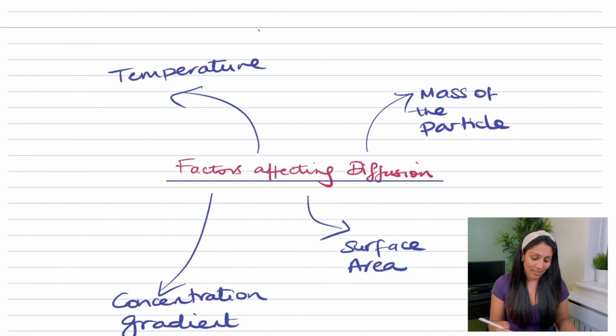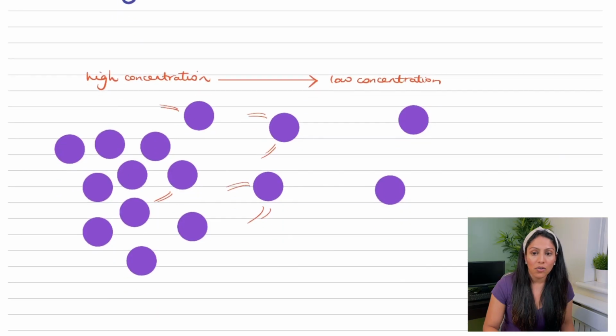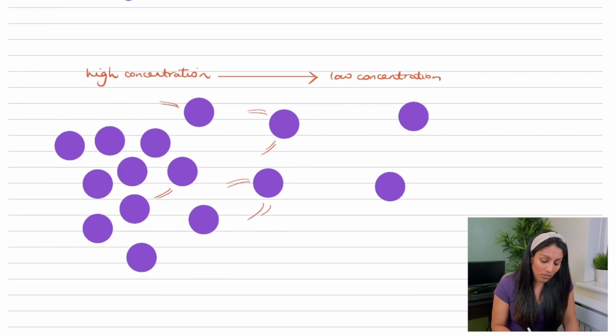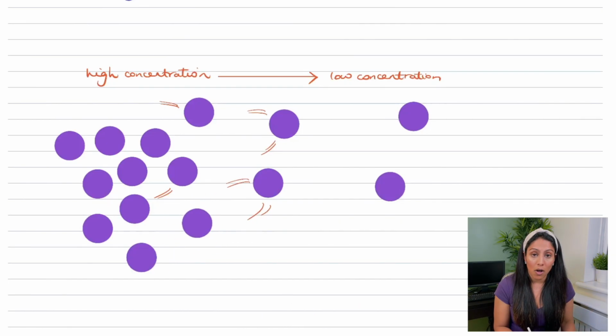The first one is temperature. Let me get my highlighter. When you increase the temperature, from a particle level, the particles start to gain kinetic energy. That means they gain movement energy and they start to move a lot more. You can see here, these particles are moving a lot more.